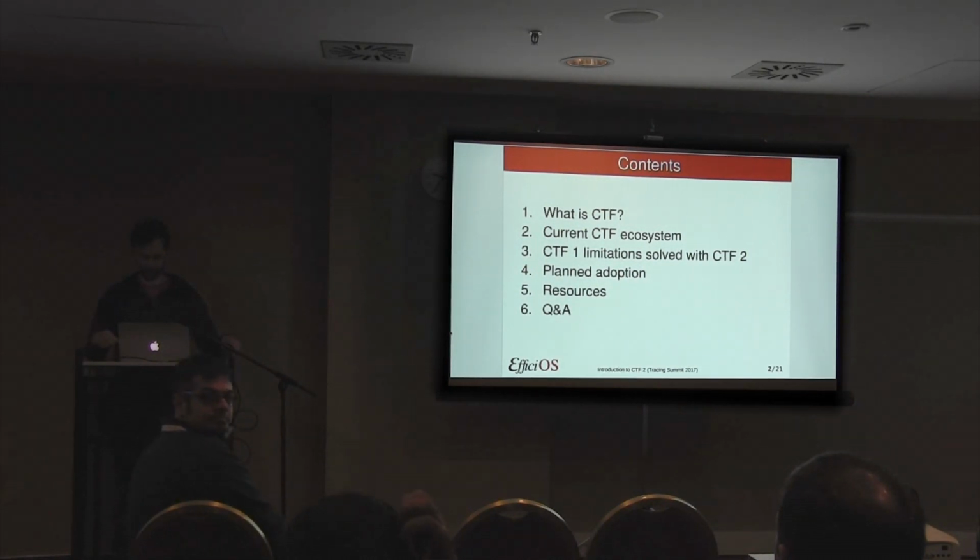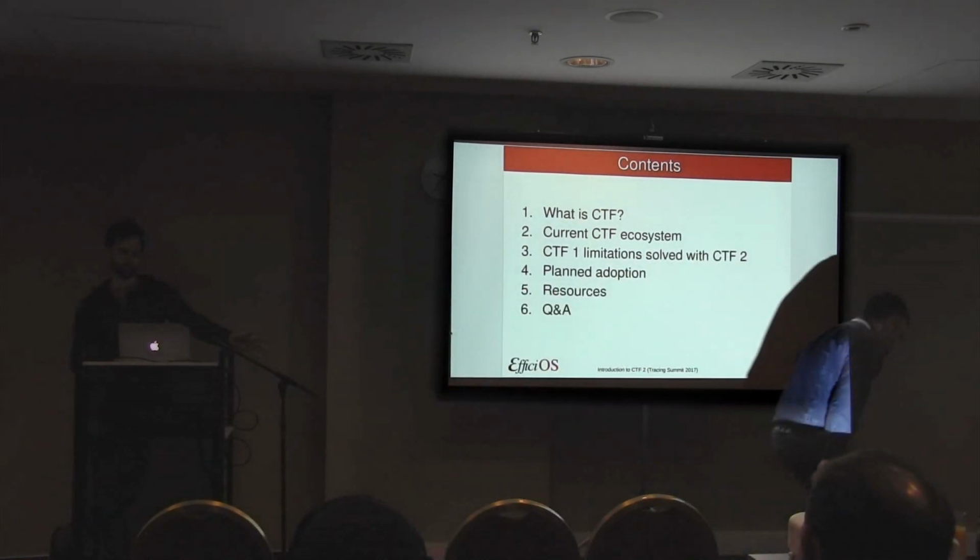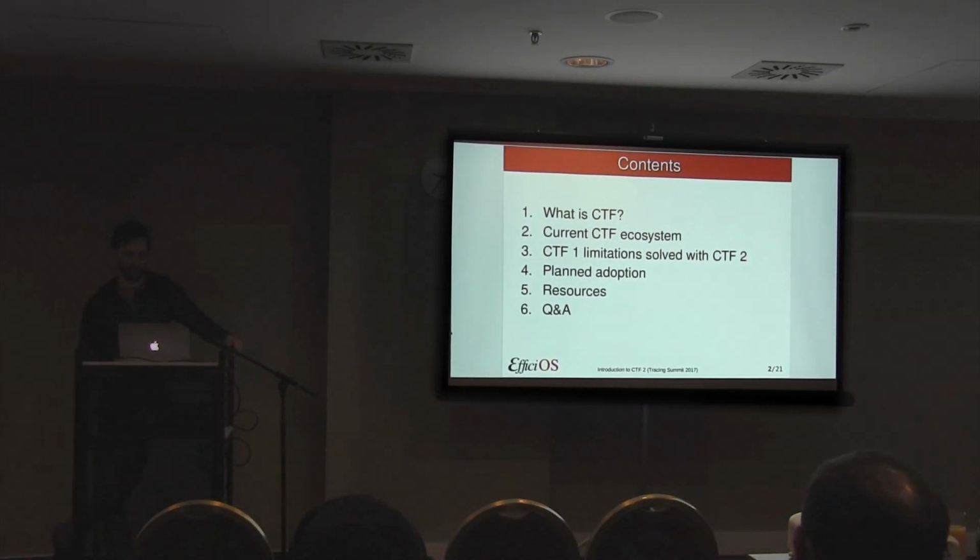So this is the contents. I don't expect everyone to know what CTF is. So I'm first going to show you what version 1 is, what the current CTF ecosystem is, so who or what produces CTF and what consumes CTF.